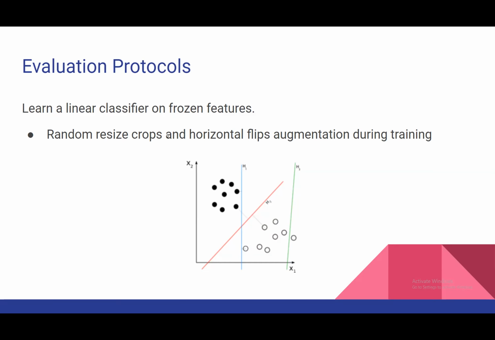The logic when we're learning a linear classifier is that if our feature space is well behaved, then it's possible for us to get a linear classifier that can split and classify the features one way or the other. So the accuracy of the linear classifier represents the behavior of our feature space.